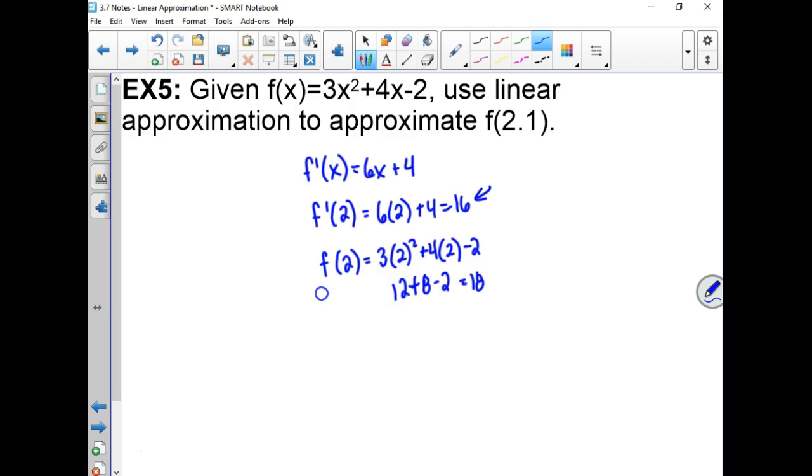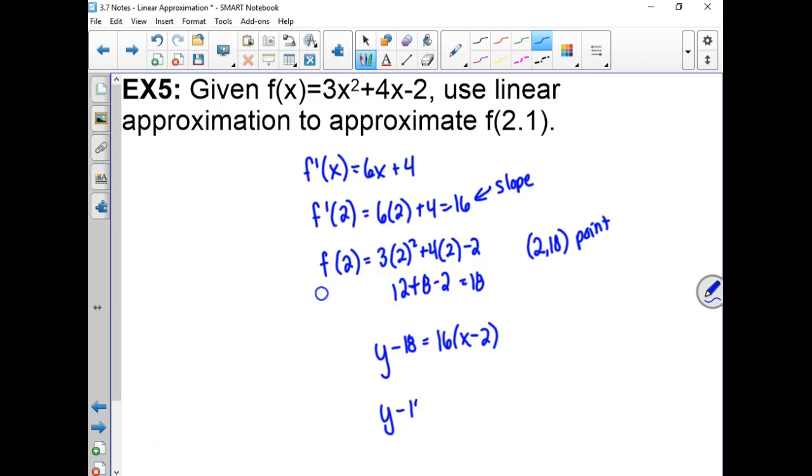So 16 is our slope, and (2, 18) is our point. And so what we'll do here is we'll have y minus 18 equals 16 times x minus 2. And then we'll plug in 2.1.